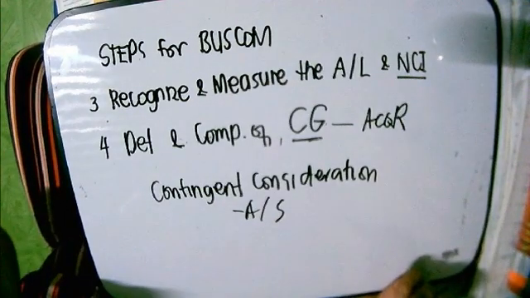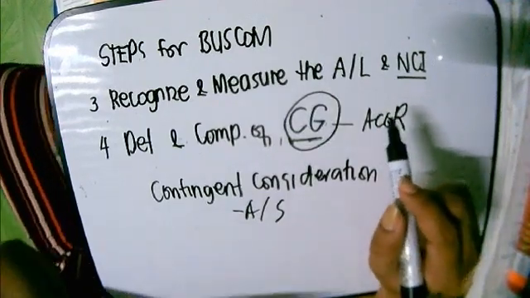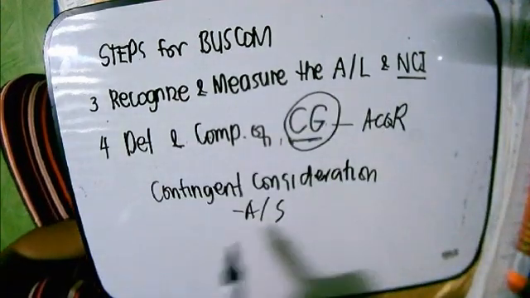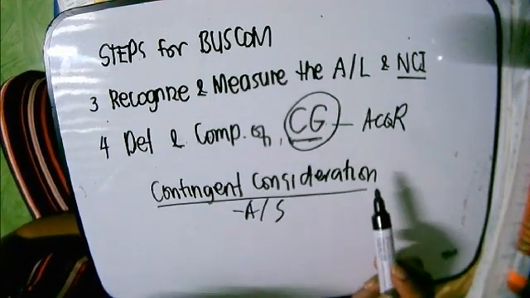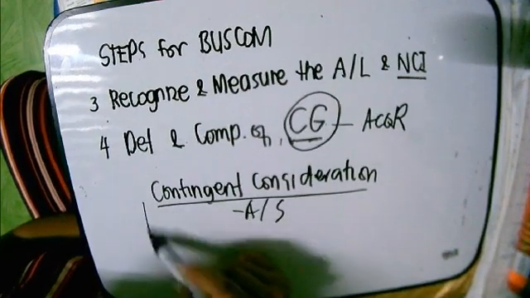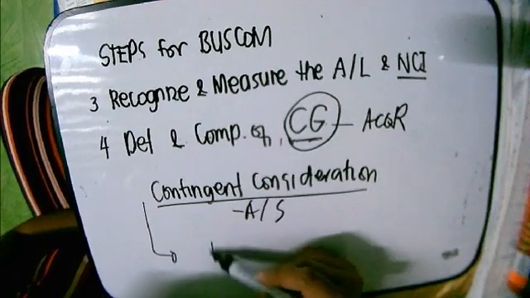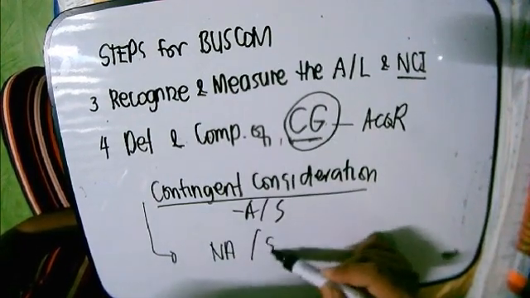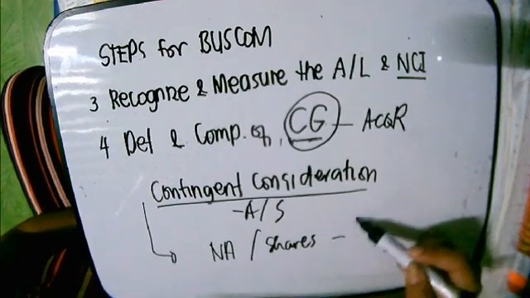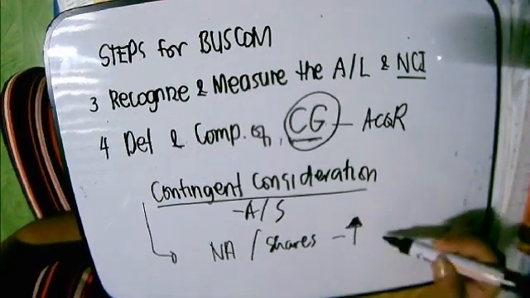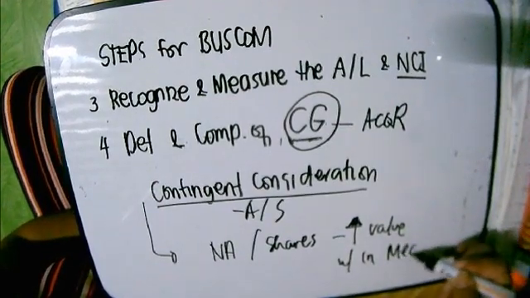So, ibig sabihin, aside dito sa consideration given, meron tayong mga tinatawag na contingent consideration or ibig sabihin mga pasobrang bayad if in case ma-justify na yung net assets or shares na binili is nag-increase yung kanyang value within the measurement period.